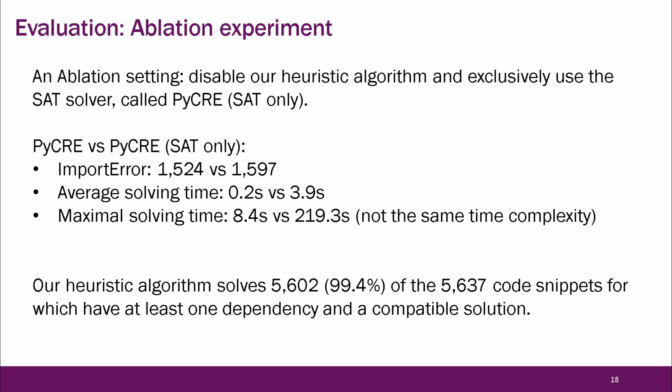Especially, the longest time of our heuristic algorithm is much lower than the SAT solver, and the difference would become more significant as the size of the dependency graph increases due to the different time complexity. Based on our analysis, our heuristic algorithm solves 99.4% of code snippets which have at least one dependency and a compatible solution. We believe the approximation of our heuristic algorithm is good.